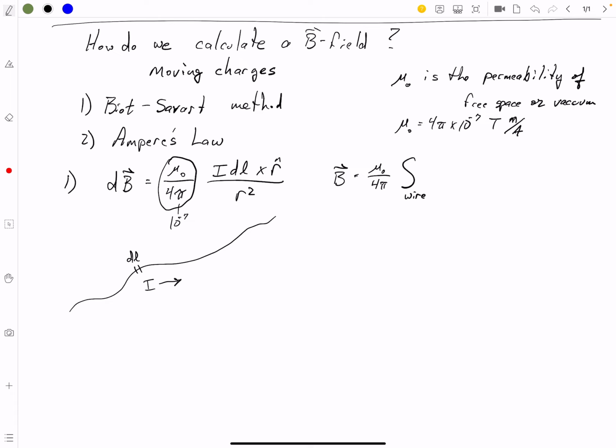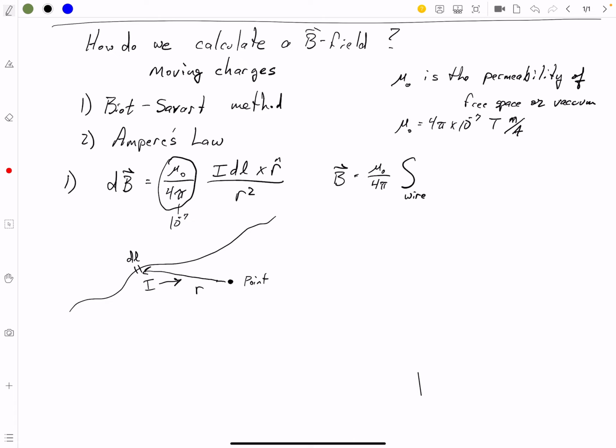We want the B field at this certain point, so we've got an r. Actually, I drew the r backwards, let's fix that. So we've got our r from there to there, and we've got our r hat. Everything's known. So here's our point.